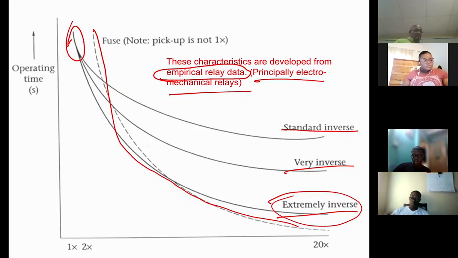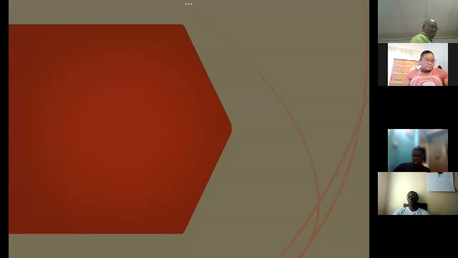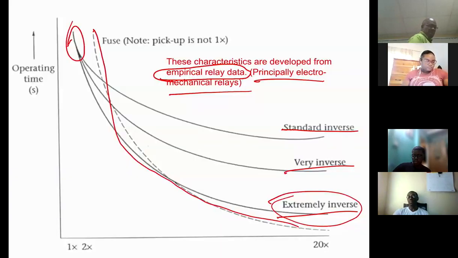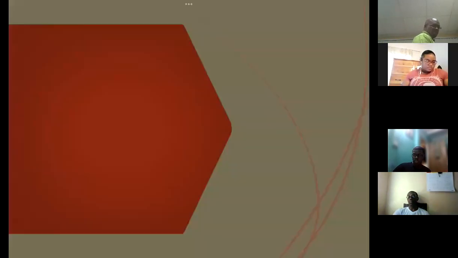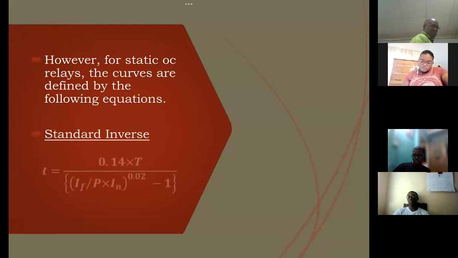However, when we now start dealing with static relays, the approach is a little different. Those curves that I just showed you, which you would have gotten with the electromechanical relays, are now derived using equations.